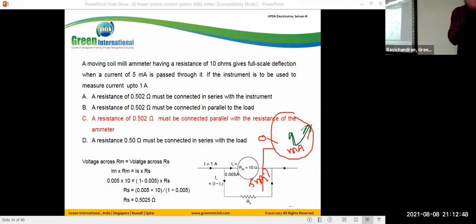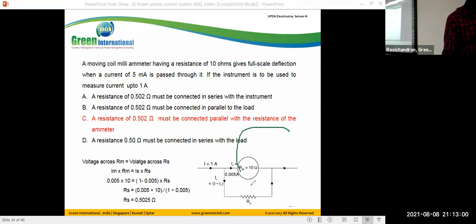That is the meaning of full scale deflection. So we have a 0 to 5 milliamps meter.